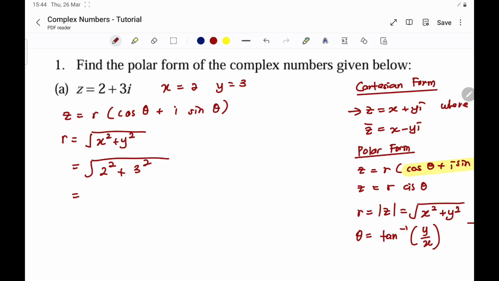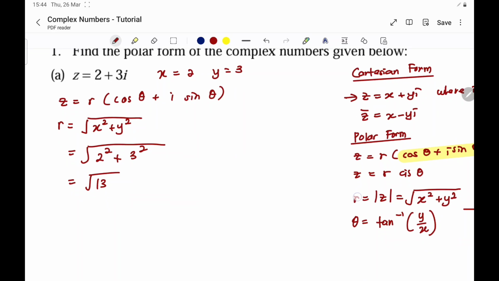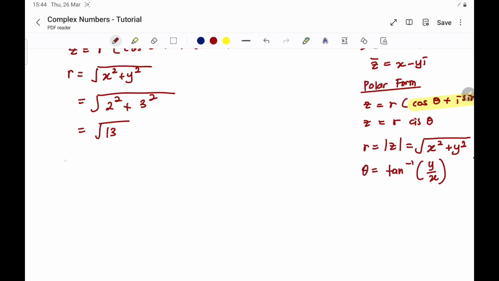So here you will get 4 plus 9, and in total inside you get square root 13. Usually we just maintain square root 13, no need to change to decimal form. So you have your r already. Now we have to find our angle, which is the argument of z.